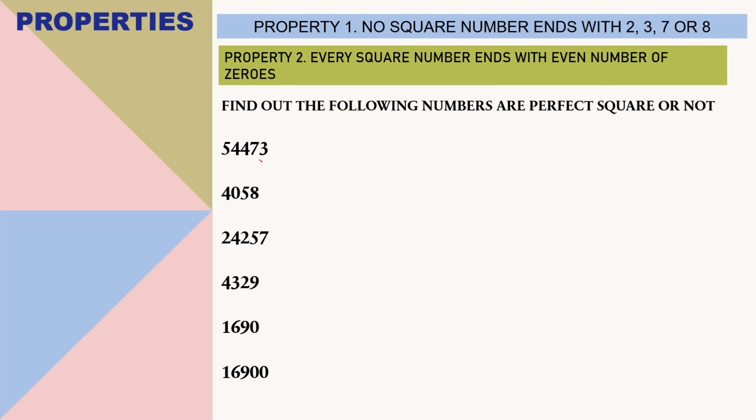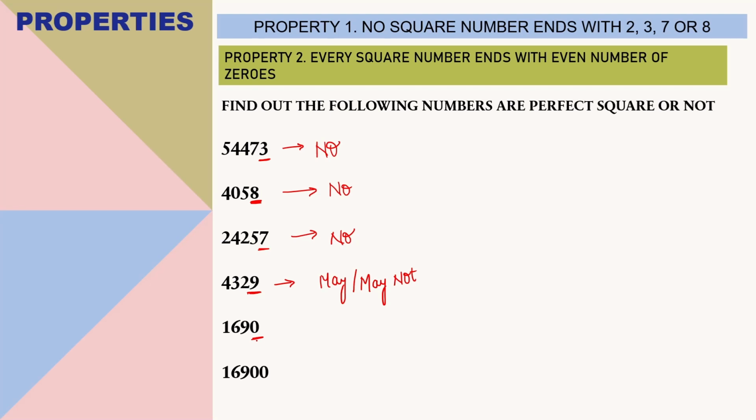Since this number is ending with 3, no, it is not a perfect square. Again, this number is ending with 8, so no, straight away using properties. This number is ending with 7, so no. Next number is ending with 9, so may or may not be. This you need to check.